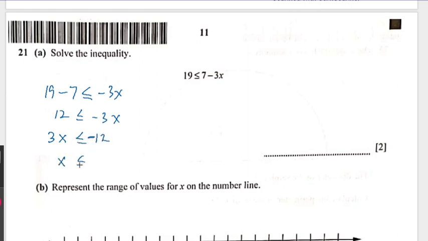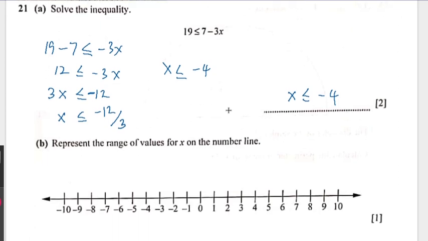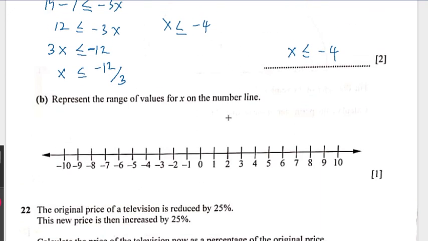So x will be less than equal to negative 12 over 3. So x less equals to negative 4. Is that okay?